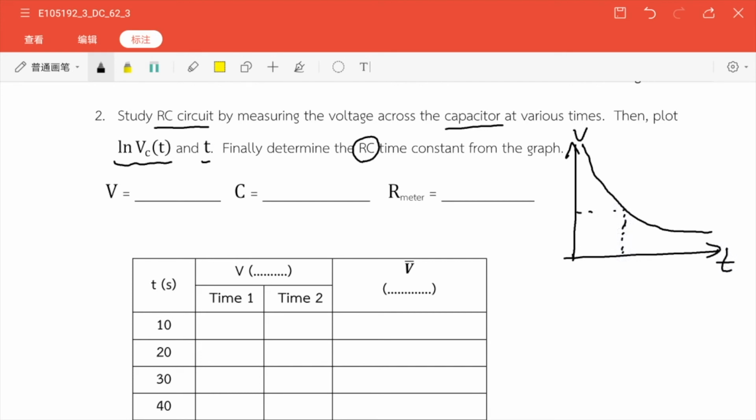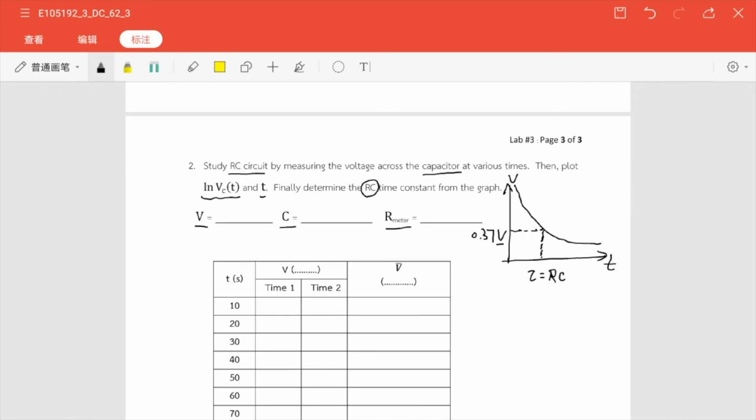When t equals tau equals RC, at the RC time, we will get 0.37 of the starting voltage value. So first of all, we have three values: V, the starting voltage value; C, the capacitance; and R, the meter resistance.